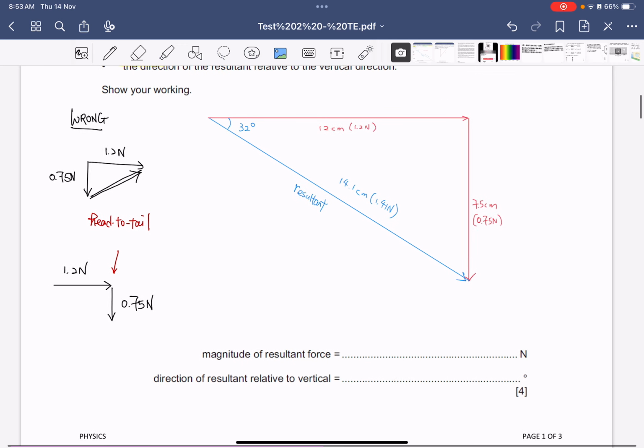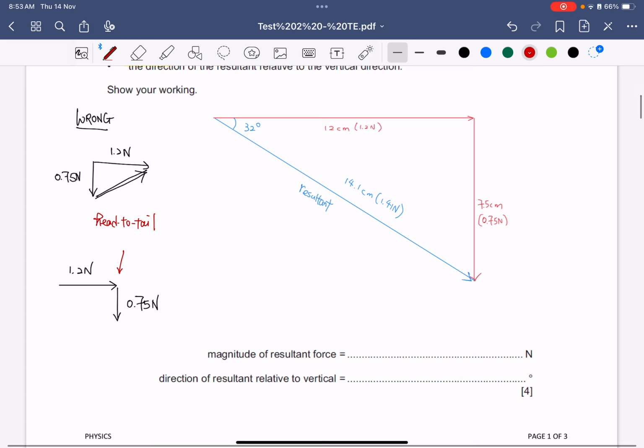So the magnitude of the resultant force is 14.1 cm. And the direction of the resultant relative to vertical, so vertical means this. So you need to give me this angle here. How to find this angle? Well, this is vertical, this is horizontal.